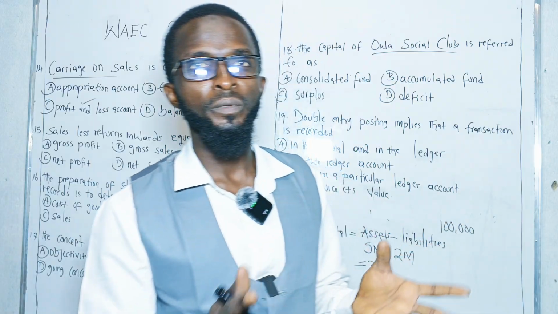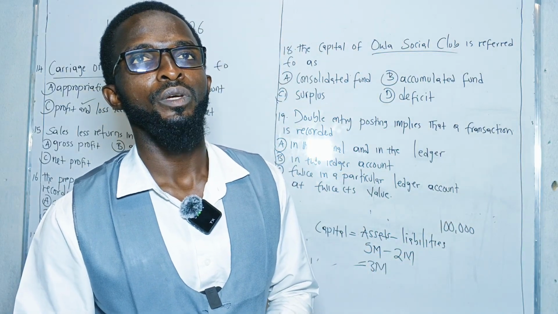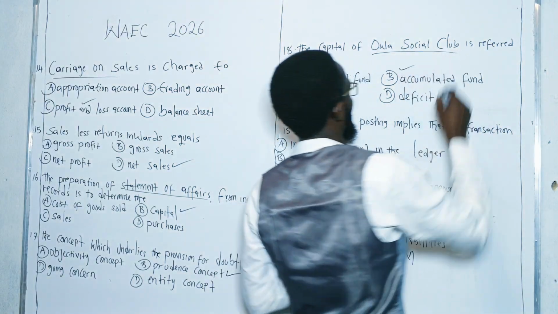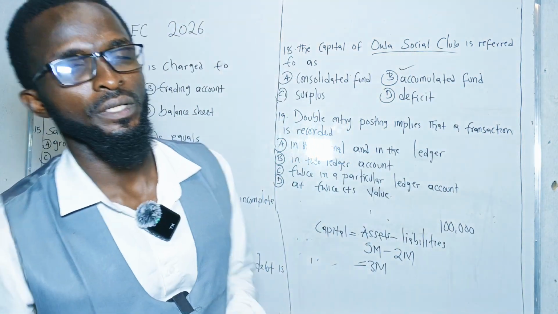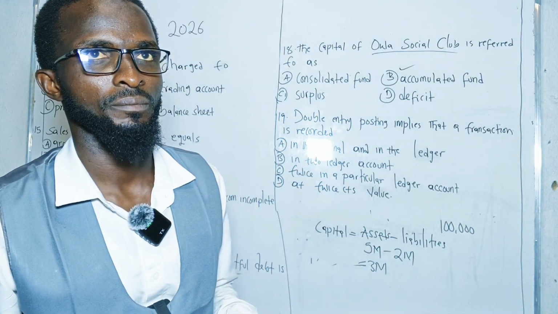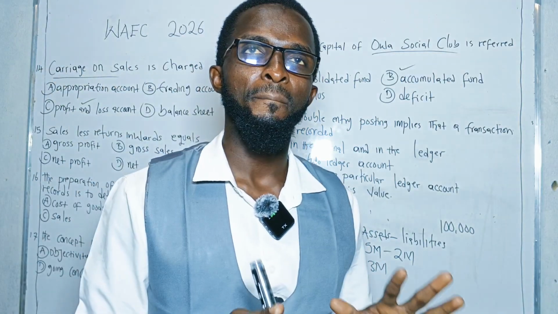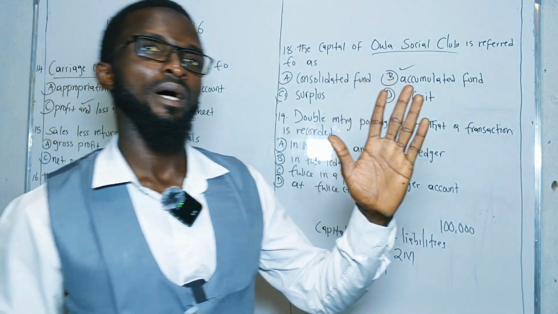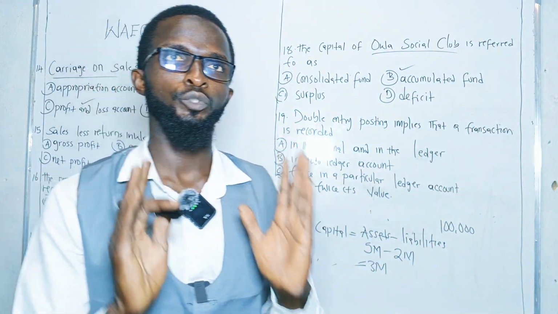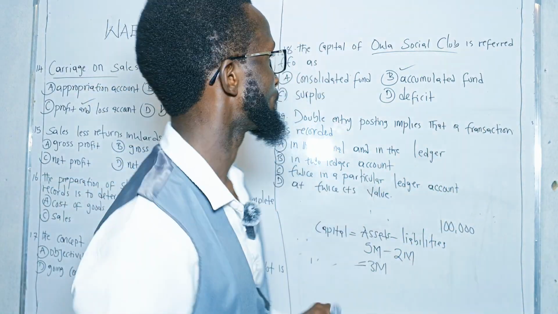But in a non-profit organization, we call it accumulated fund. Our answer is B, accumulated fund. In every non-profit organization, it is called accumulated fund. It is determined by total assets minus total liabilities. The difference should be your accumulated fund.